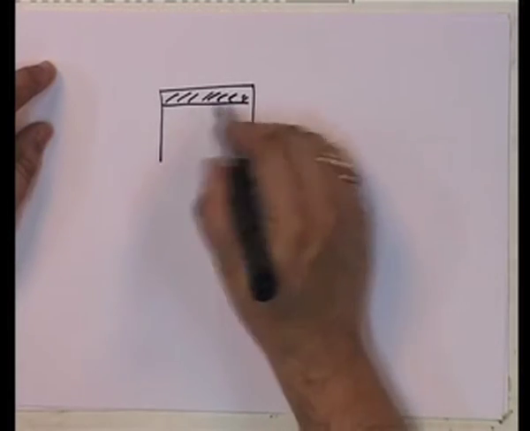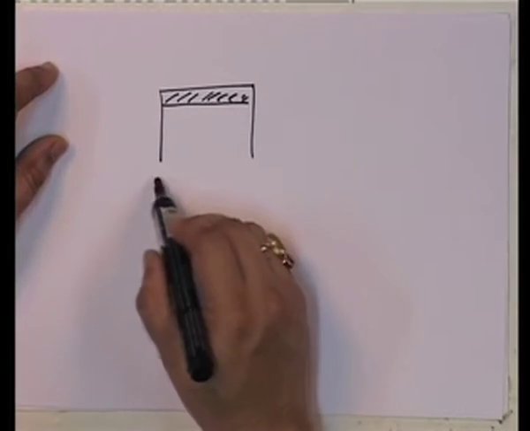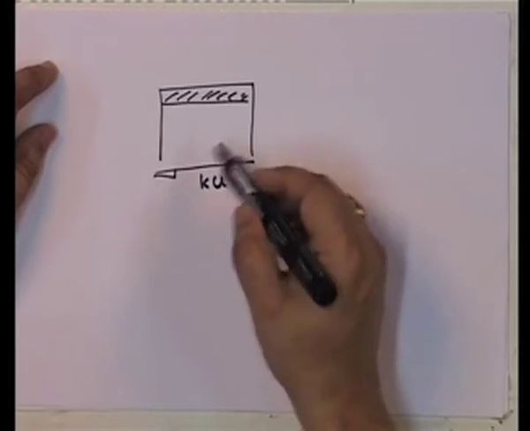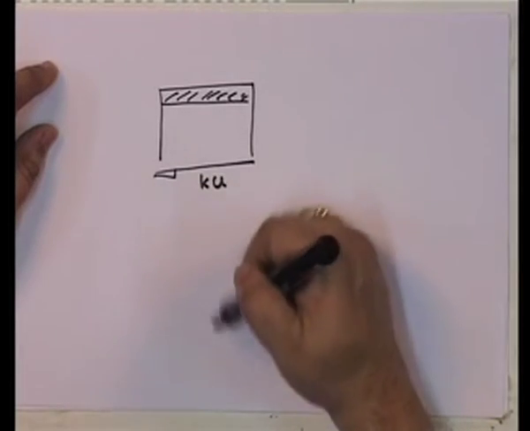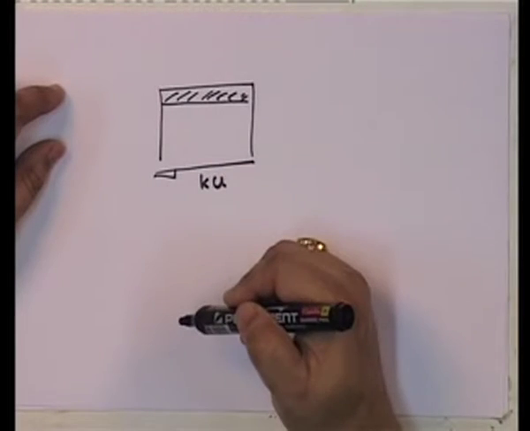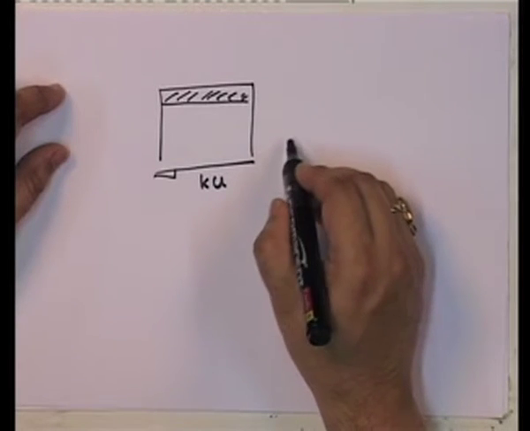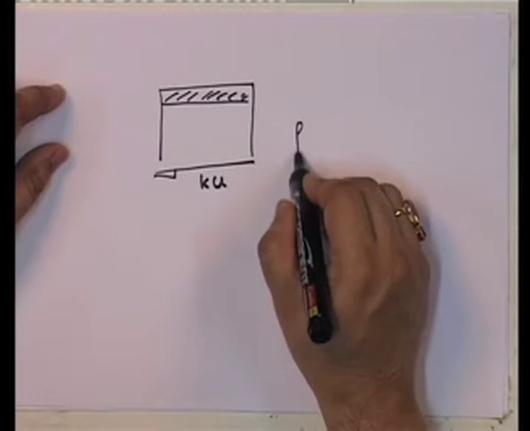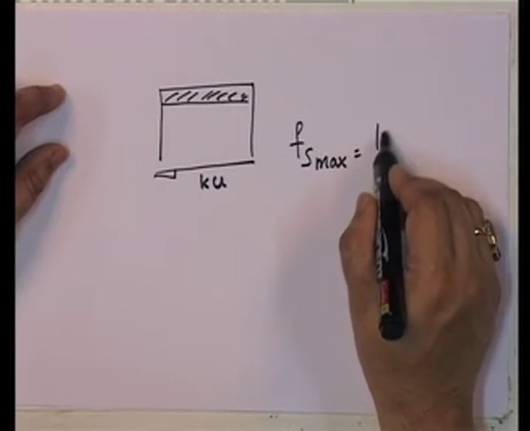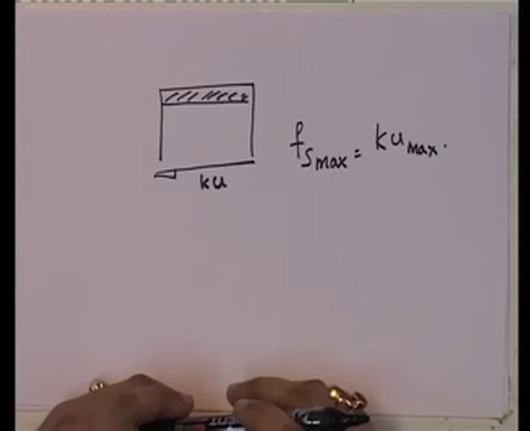This is the mass and I am looking at its deformation, and what you have here is K u, and that is the shear that is being transmitted to the base from the structure due to the ground motion, and that is a very important parameter. This parameter, which is the peak elastic force, is obviously equal to K into U max. There is nothing wrong with that.